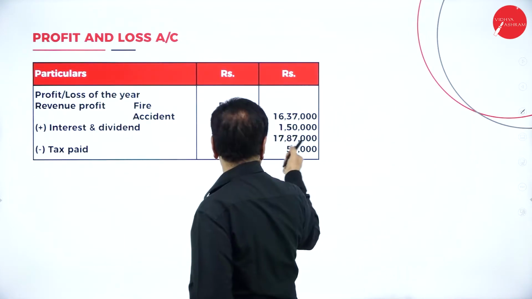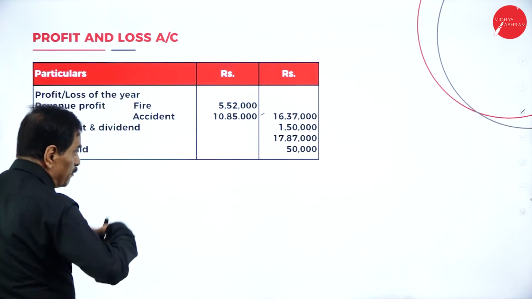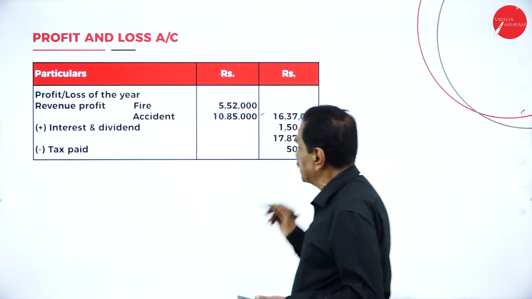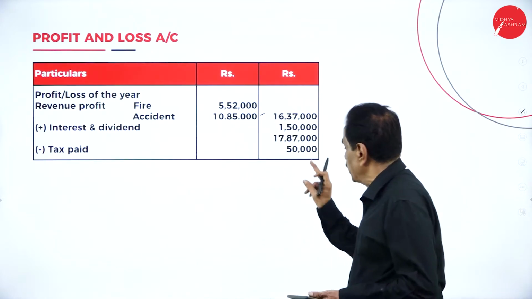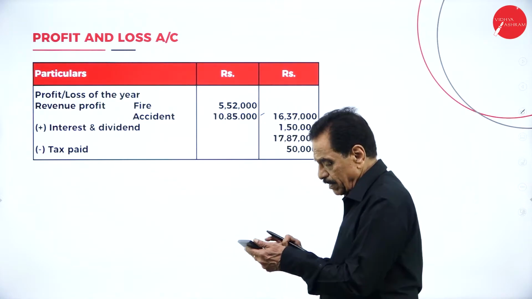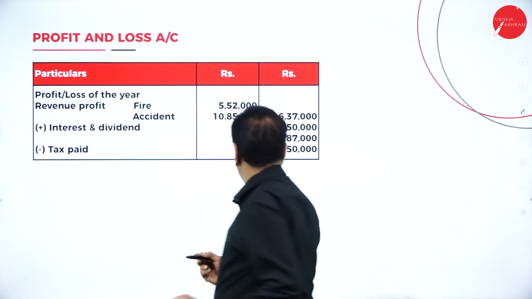Add this, 17 lakh 87,000, minus tax paid 50,000. So 17 lakh 37,000.